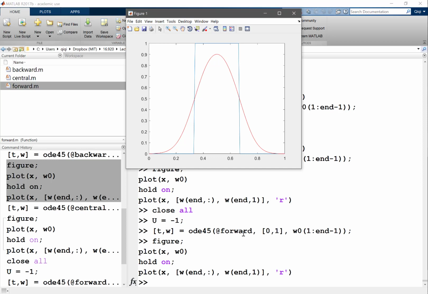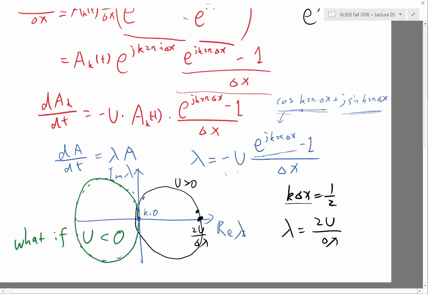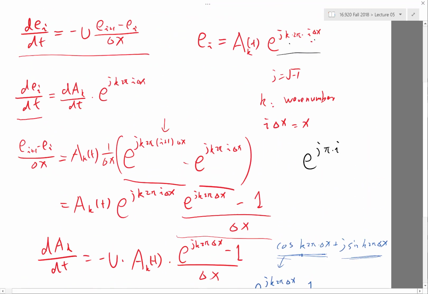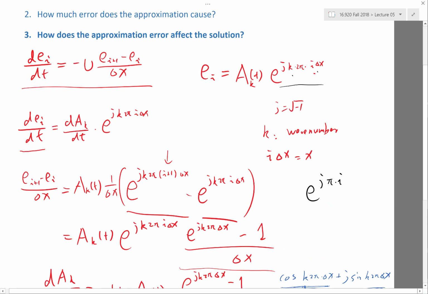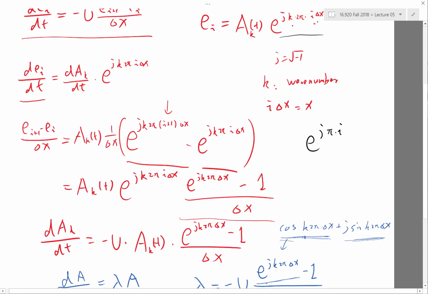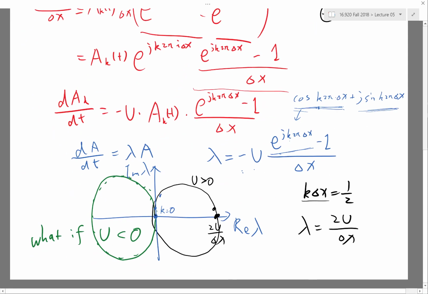So maybe there is some kind of symmetry over here. I encourage you to do it at home. If you plug in not the forward difference scheme but the backward difference scheme, you get exactly the opposite conclusion. That is, the scheme is going to be stable when u is greater than 0 and unstable when u is less than 0.